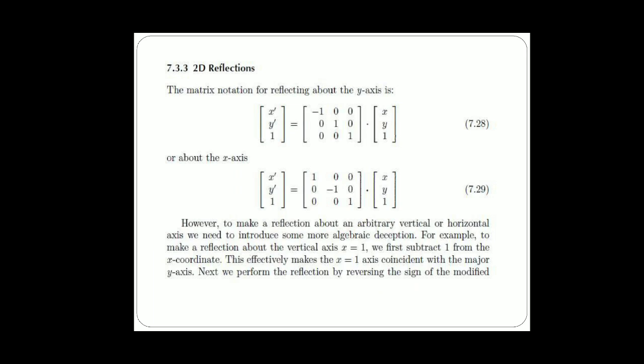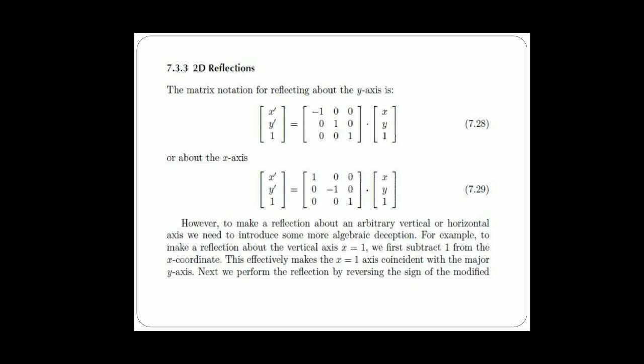See here, only the first matrix is changing. Minus 1 was in the first row, first column, and for the x-axis the minus 1 is in the second row, second column. So the reflection changes from axis to axis.